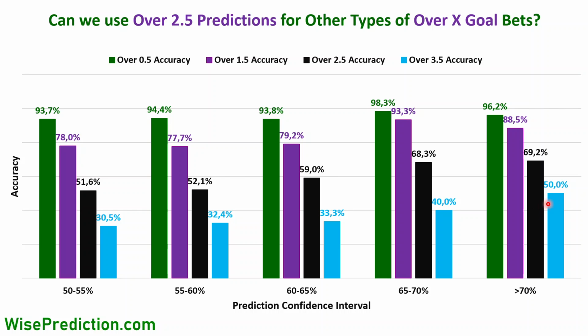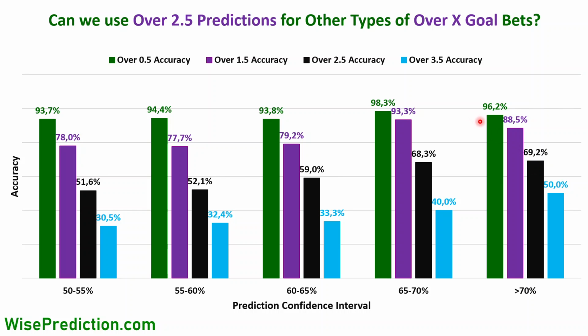So obviously, if we just look at the accuracy results for over 2.5 betting here, it's just 50%. And for the extreme case here, over 0.5 goals accuracy, it's 96%, which looks much, much better. But the thing is that the odds are not going to be the same.